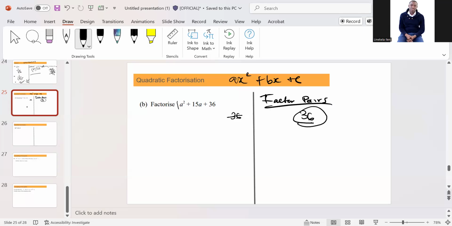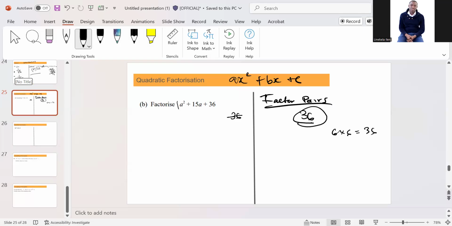So then you need to start thinking. I mean, 6 times 6 is 36, isn't it? But 6 plus 6 won't give me 15. Can it? No. So what factor pairs can I use to actually find this?